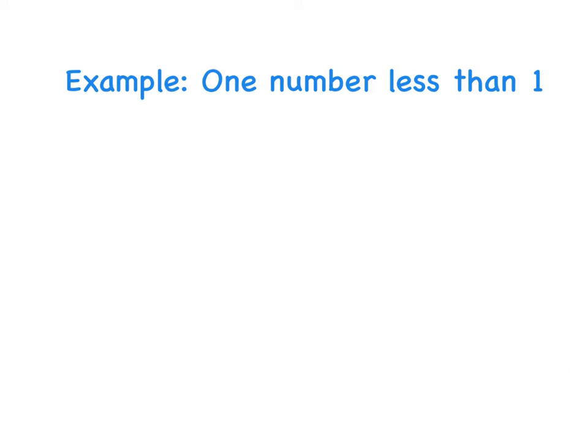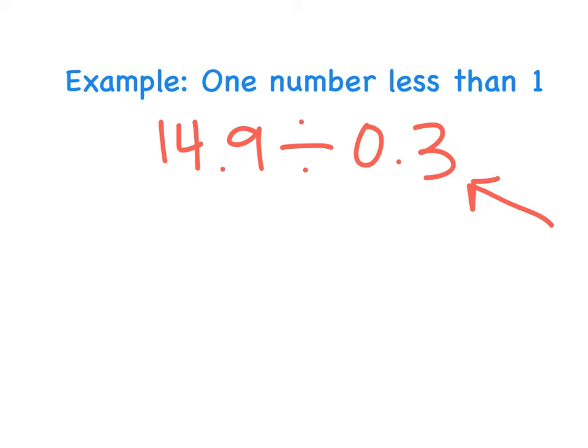So in your last example, the decimal was the first number, the dividend. The trickiest kind of problem that you'll see with estimating, and you won't see this often, so just try your best to understand it. But this is a rare occurrence, but what you might sometimes see is when you have something where maybe you have 14.9 divided by 0.3, and my second number is less than 1.